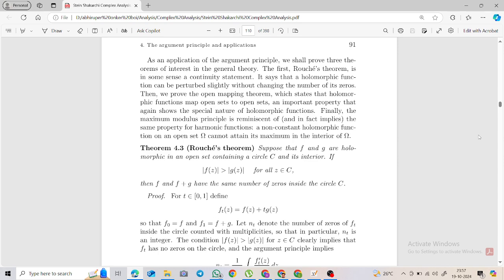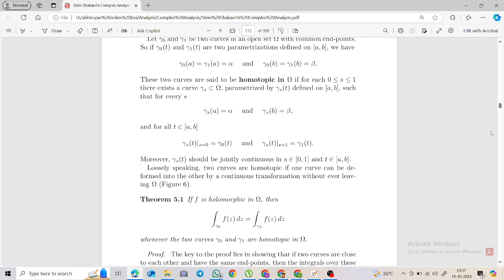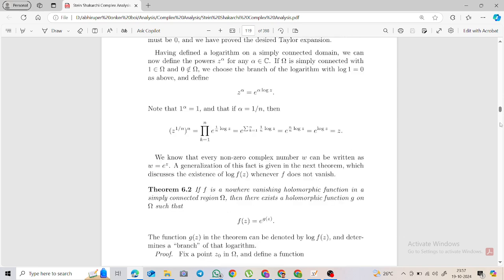Those are precisely the automorphisms of H plus, if you remember it.